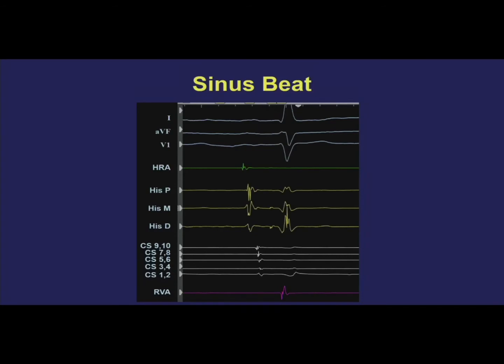And then finally, why does Murgatroyd say to measure the AH interval by taking the peak of the first deflection and not the beginning of the atrial signal on the His catheter? So peak versus... Fair enough. So that gets into the question of a bipolar recording and really what part of that multi-deflection signal represents local activation time.